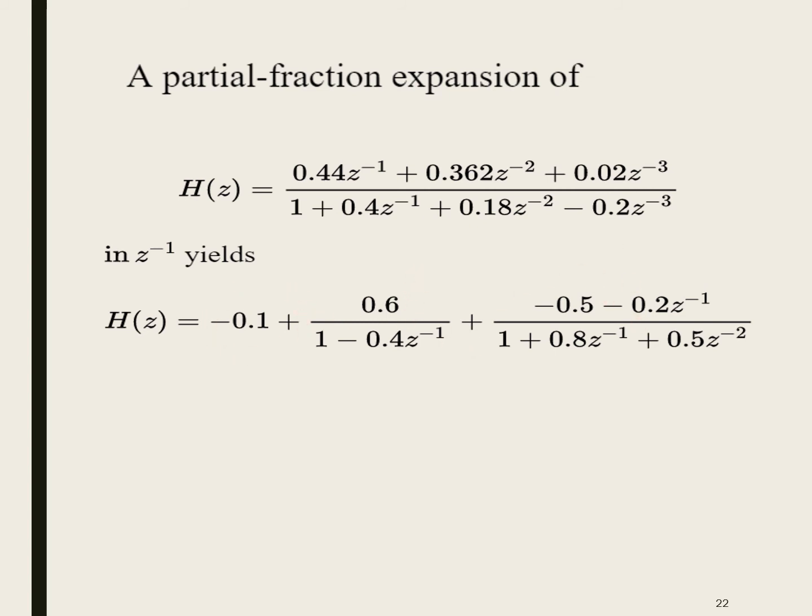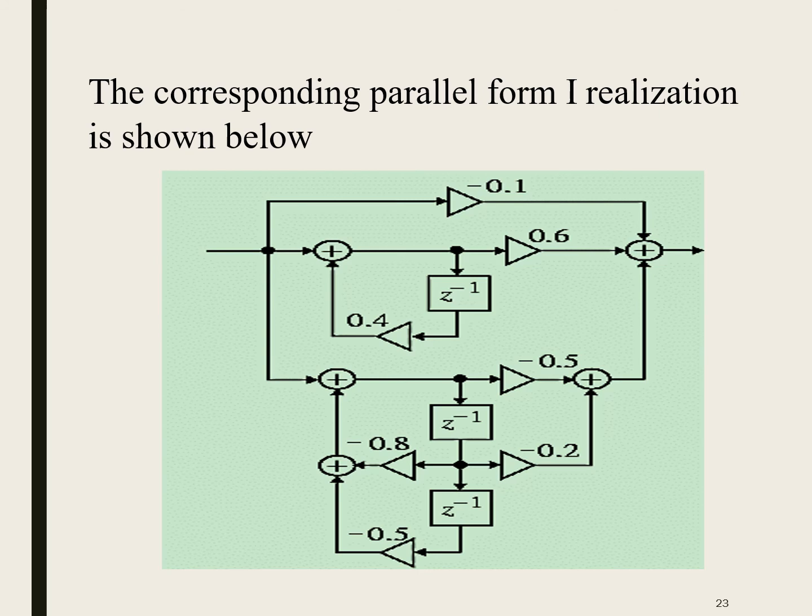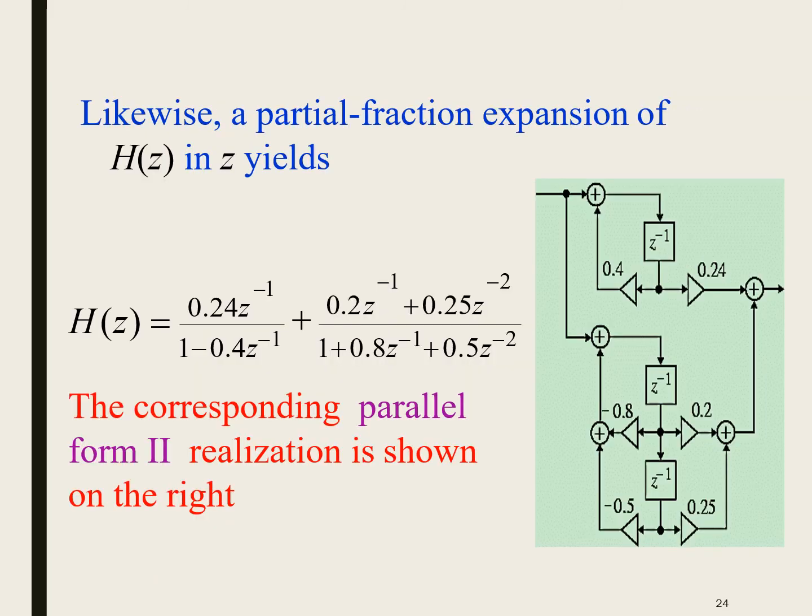And the corresponding parallel form 1 realization can be obtained using this structure. Probably we look at a very simple problem, and if you have any doubts you can ask. Likewise, we can do it with the partial fraction by using form 2. So this is obtained by using partial fraction expansion of H of z.